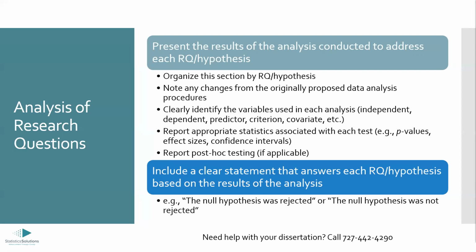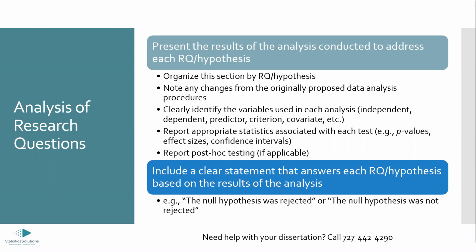So post-hoc testing would apply if you're doing some kind of omnibus test or analysis, like for instance, an ANOVA. And if the ANOVA is significant, then you may need to do post-hoc tests to determine the exact differences between the groups that you are seeing in your results. So an ANOVA would be an example of an analysis where if it's significant, you may have to do a post-hoc test. And so you will want to report the results of those post-hoc tests if they apply to your analysis.